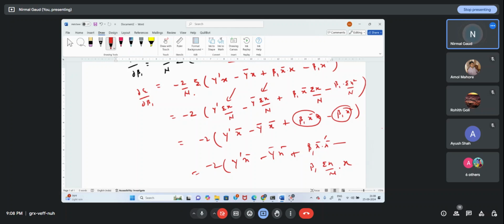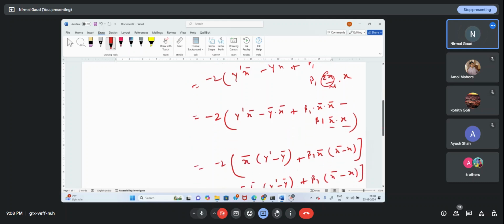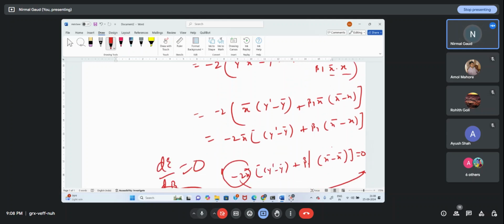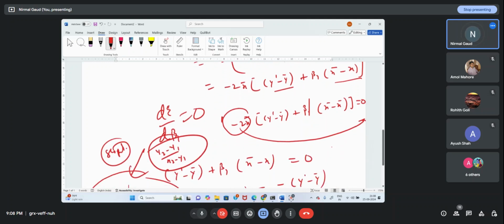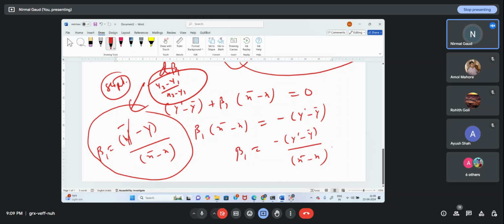So it converted into x bar into x, and then I took x bar common from throughout. This is what I get in the combinations, like these terms I got. Okay, and then I put it equal to 0, and by putting it equal to 0 and further solving, this is what I am getting.